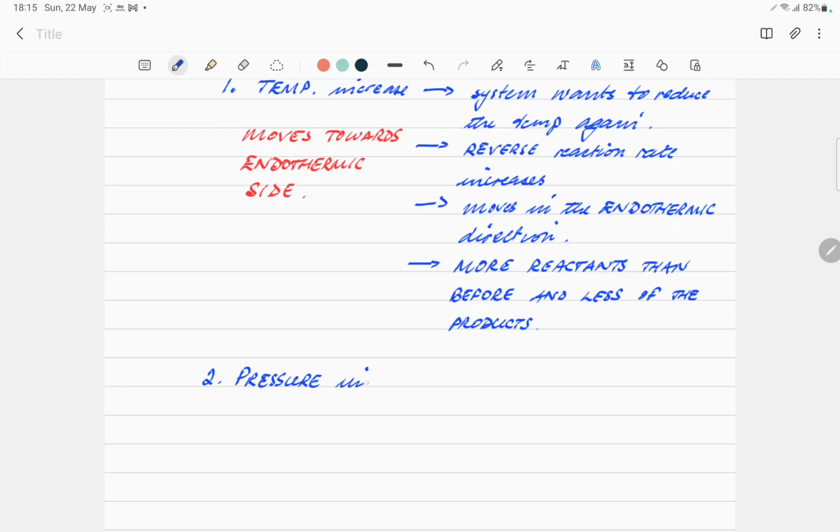If the pressure increases, the equilibrium position will move in the direction that has fewer gas moles, right? Fewer moles of gas.